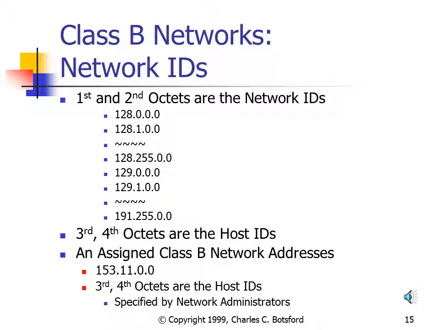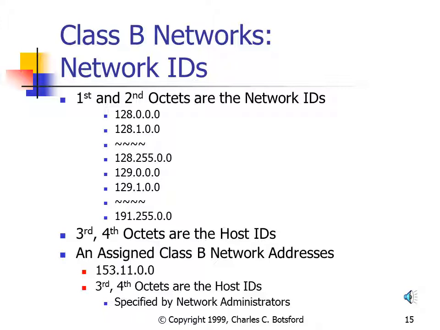The next available Class B network would be 128.1, then 128.2, 128.3, all the way up to 128.255. Then we start over at 129.0, 129.1, 129.2, all the way to 129.255, and on and on until we got up to the last possible Class B address, 191.255.0.0.